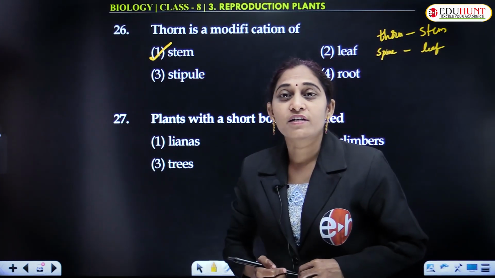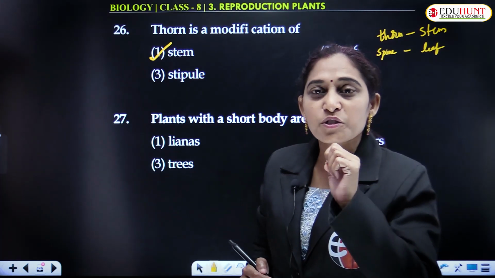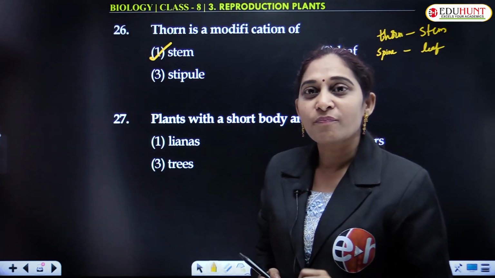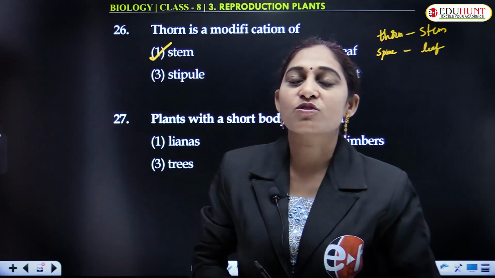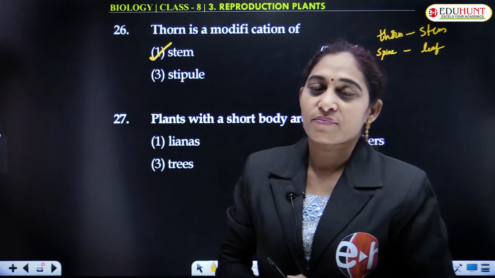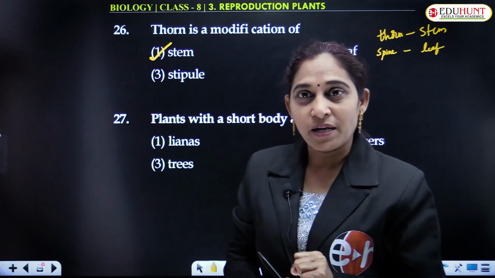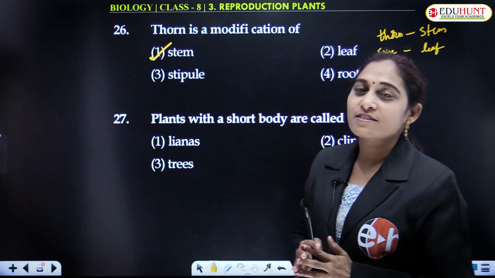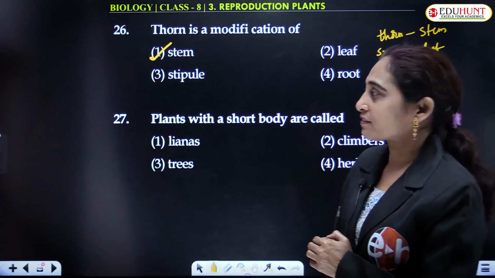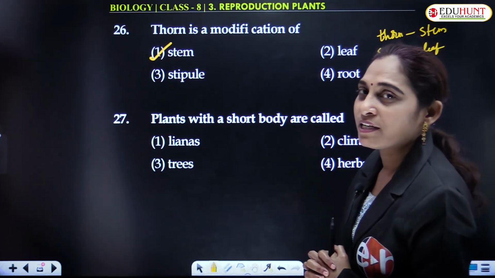Especially leaves are modified into sharp spine-like structures to minimize the loss of transpiration. It is seen in desert plants called xerophytes. Thorns are seen in many plants, not only in desert plants.